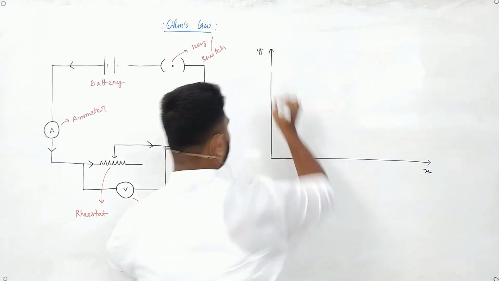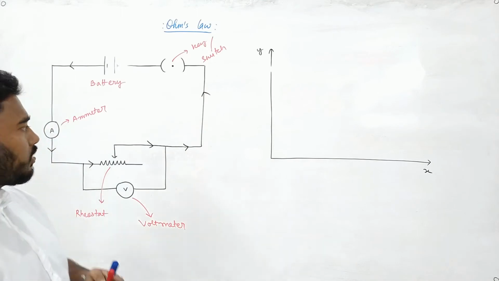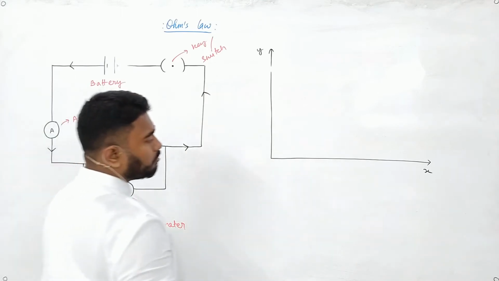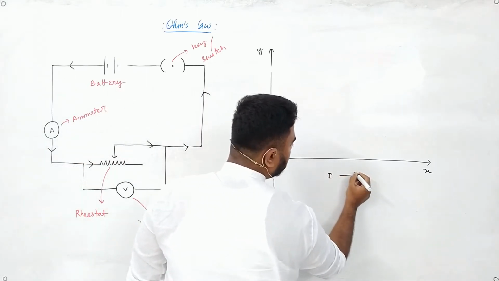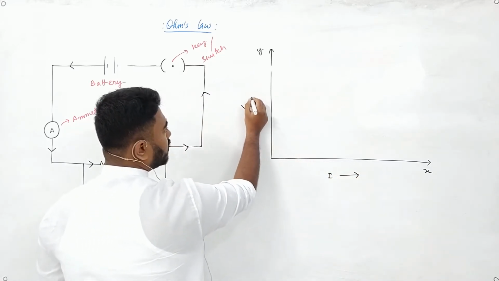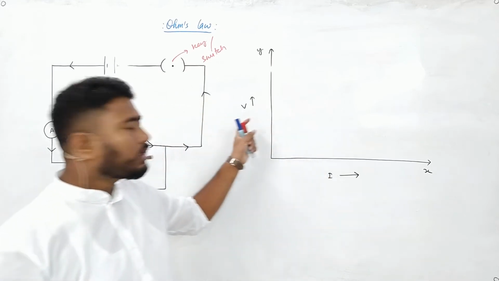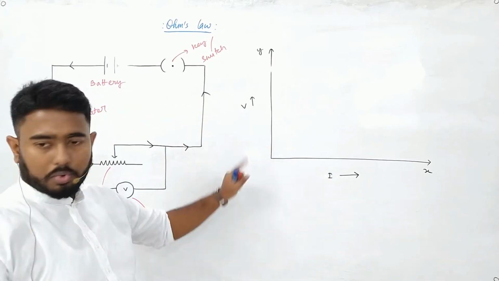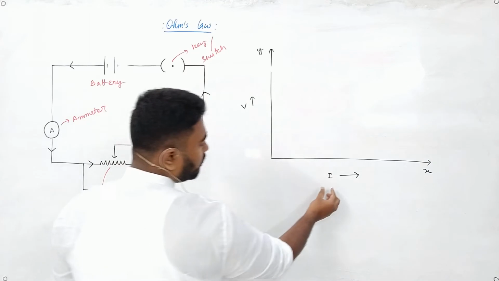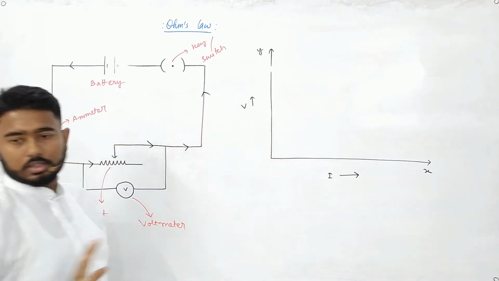Okay, now I can do two things. First is I can plot current in this direction and voltage in this direction, or I can plot voltage in this direction and current in this direction. Okay, I can do both. Suppose in the first case I am plotting current in this direction, voltage in this direction.